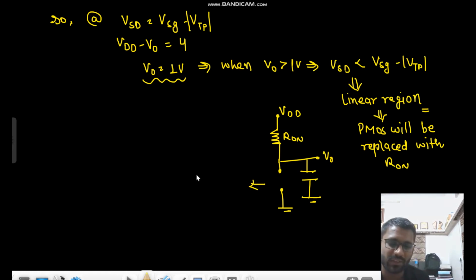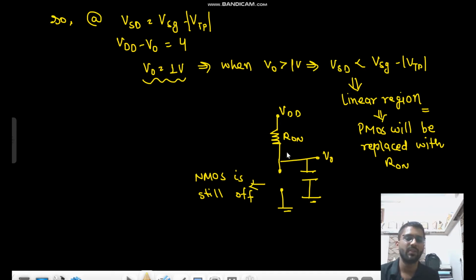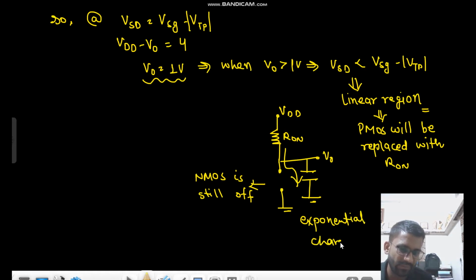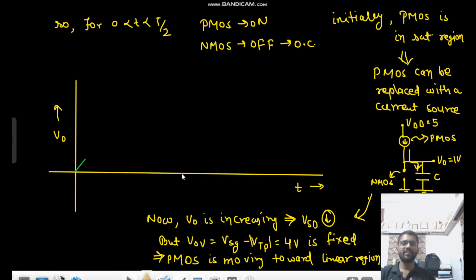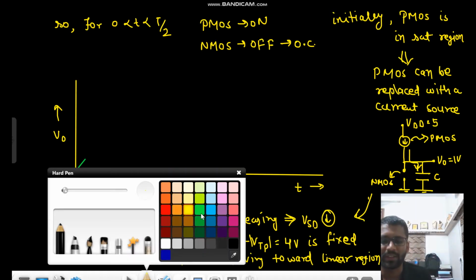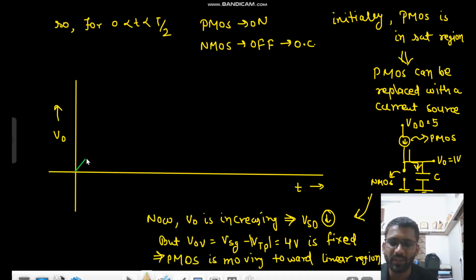Here I can write NMOS is still off. So now it will charge exponentially. Okay. So instead of making this curve here, I should have made it on the next page, but forget that, we have written the explanation. So after this it will charge exponentially.